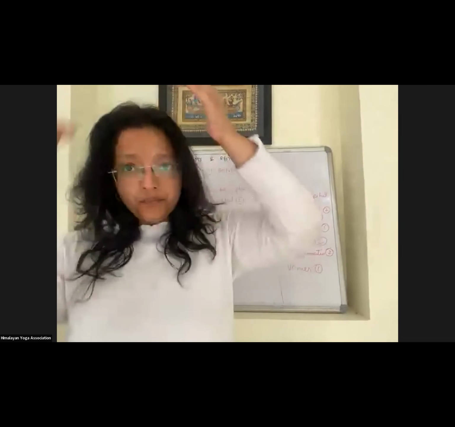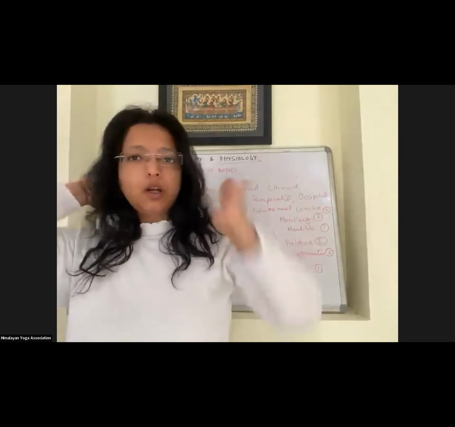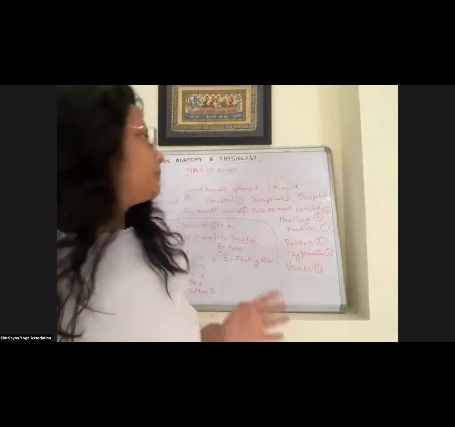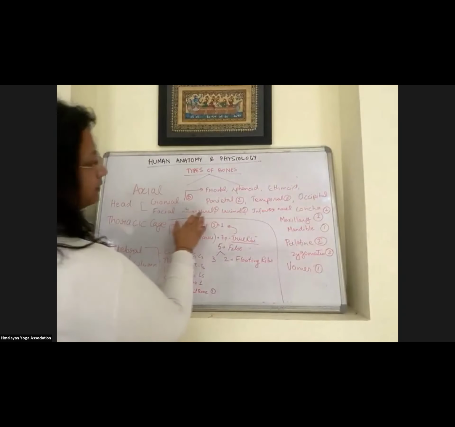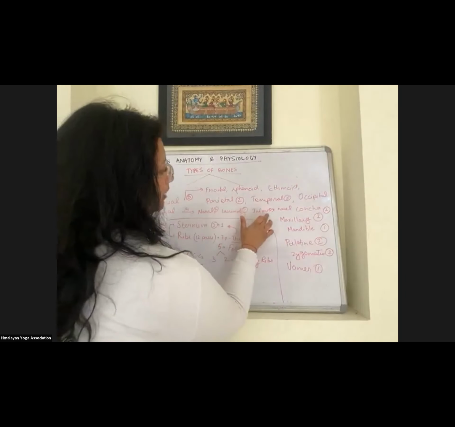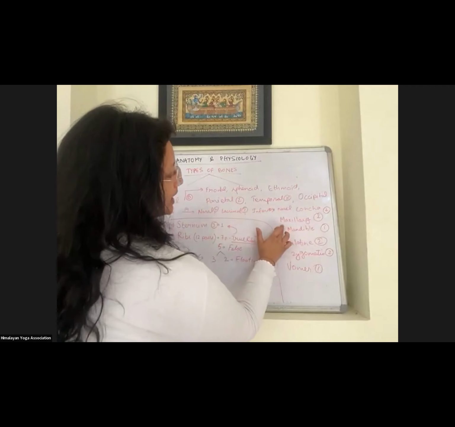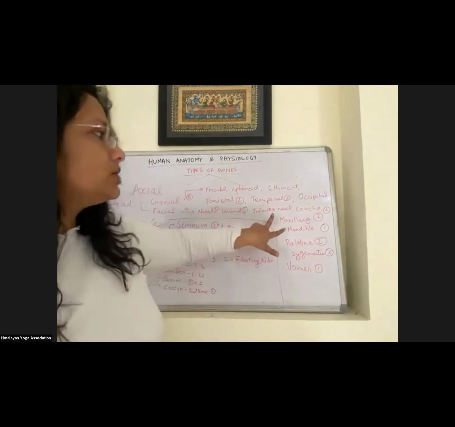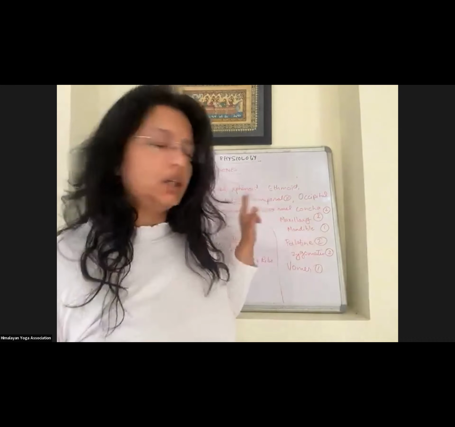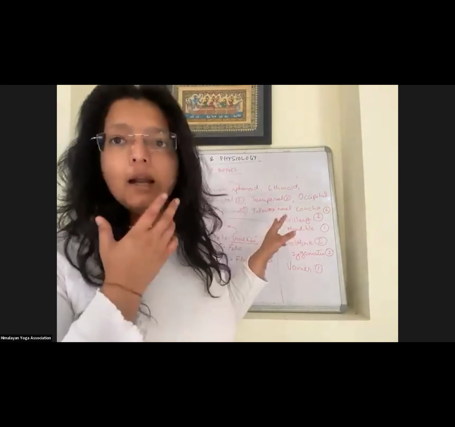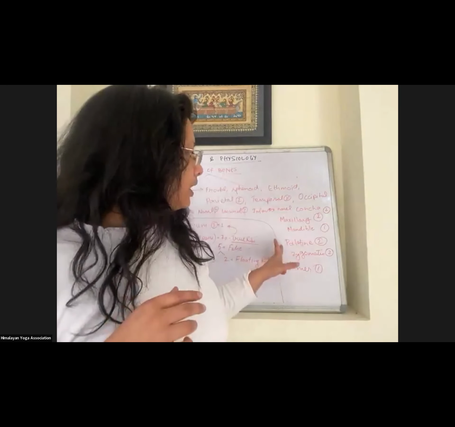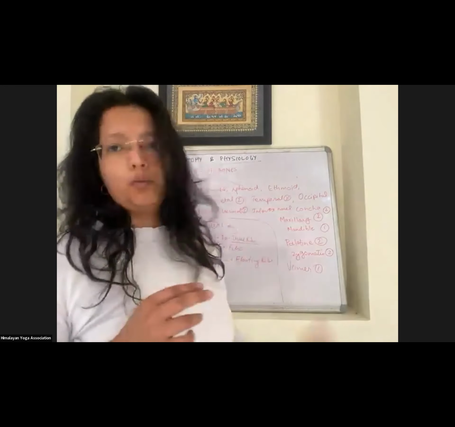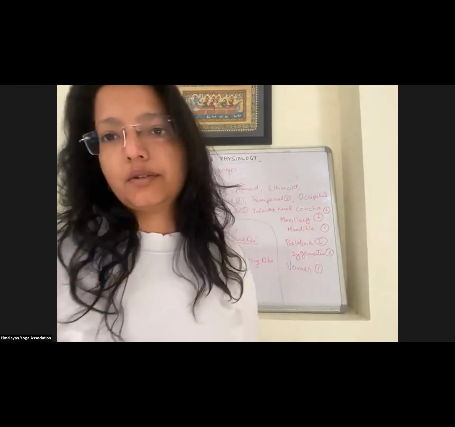In facial, we have nasal, lacrimal, inferior concha, maxillary, mandible. These two, maxillary and mandible, are more important to study. Then palatine, zygomatic, and vomer. Now let's see the diagram of this.